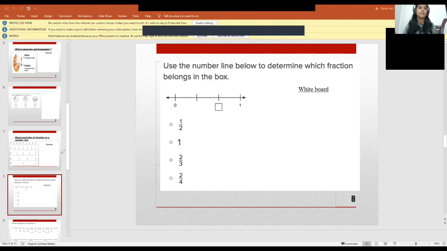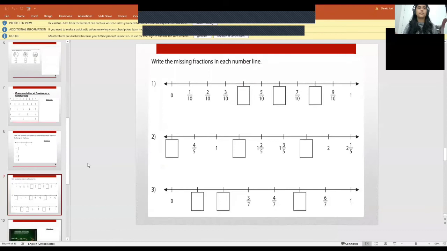Now, I have another question for you. So there are three questions, and I'm going to be doing with you the third question, and we will come back to the second question, and then you can try this first question. I can give it to you as homework. Okay, so let's do the second question.